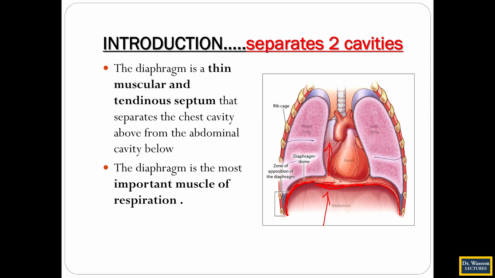It's not just separating these two and maintaining two different pressures on the two sides of the trunk, but at the same time it's a very important muscle for respiration also. We will tell you how it helps in respiration. It's a primary muscle of respiration.